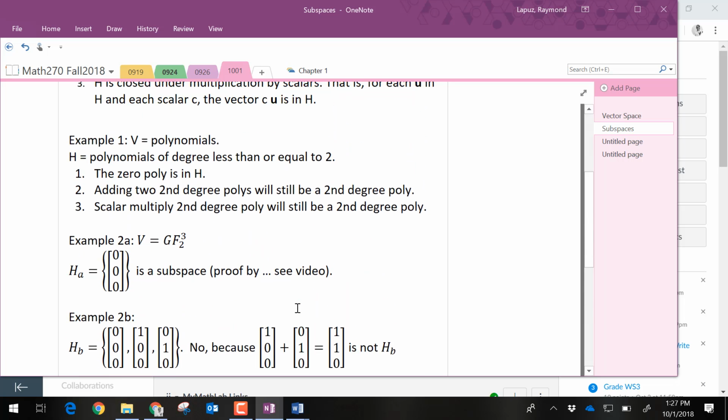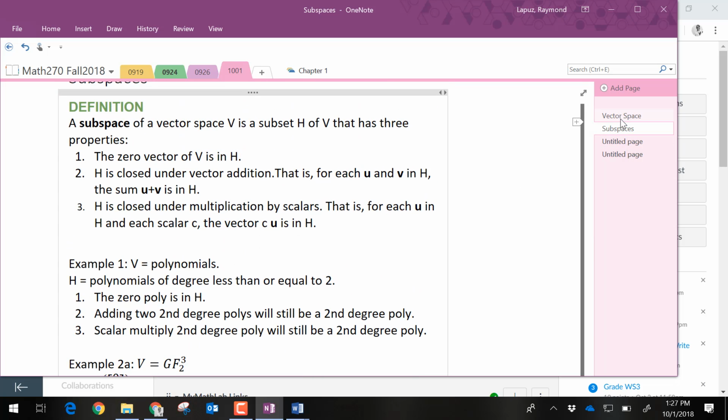Actually, GF2 is just a fancy way of doing this. You can also just call it R sub 2 to the third power.